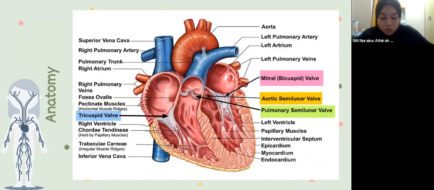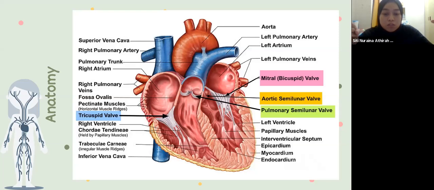Okay, so physiologically, the blood will return to the heart through the superior or inferior vena cava, and then enter the right atrium, and then go to the right ventricle through the tricuspid valve. When it is full, it will start to pump the blood to the lung. So the tricuspid valve will close and make a lub sound.